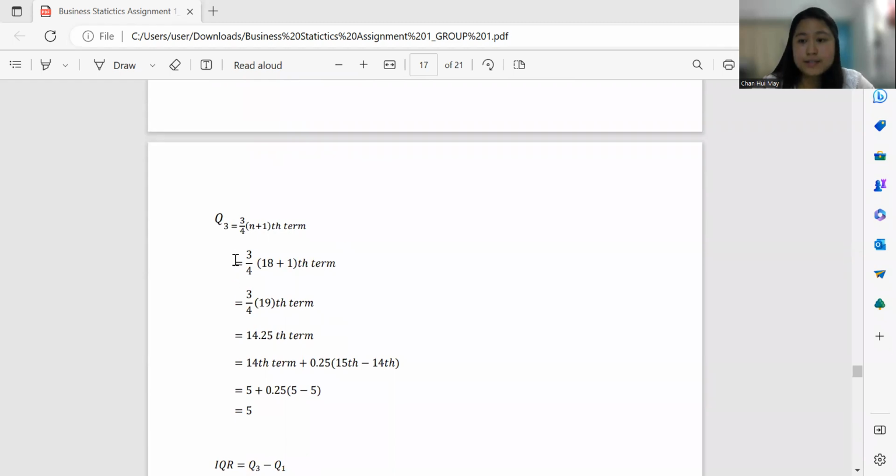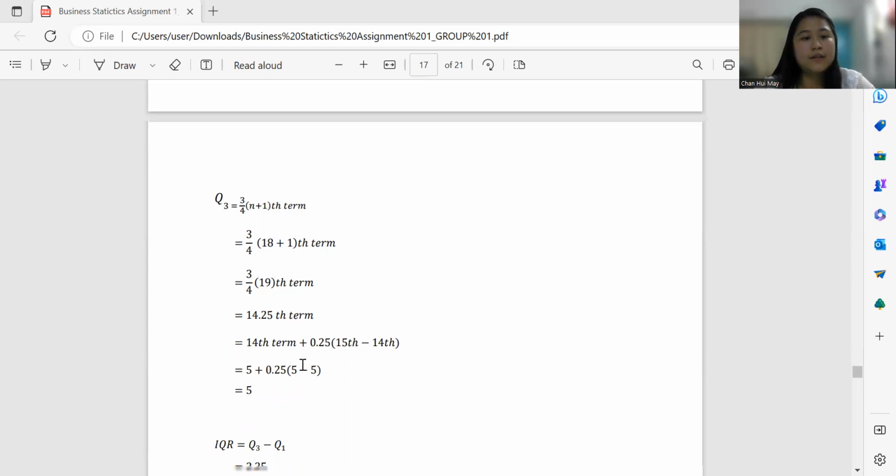For Q3, it is 3 times (n plus 1) divided by 4 term. I need to find the location. The location is the 14.25th term. For this 14.25th term, I need to use the 14th term plus 0.25 times (the 15th term minus the 14th term). After this, I get the answer for Q3, which is 5.